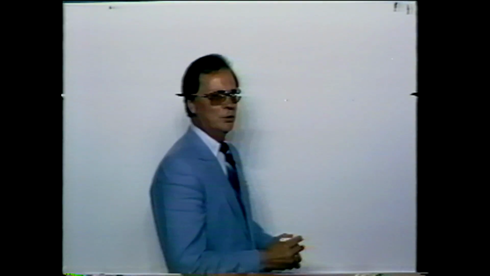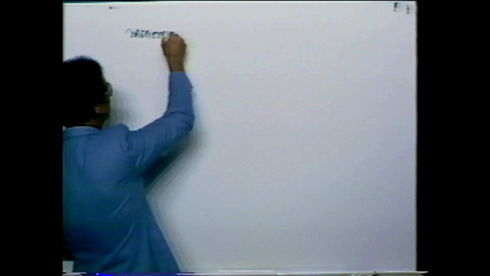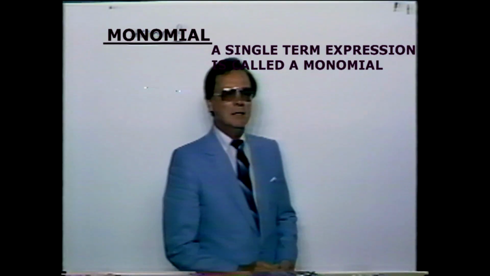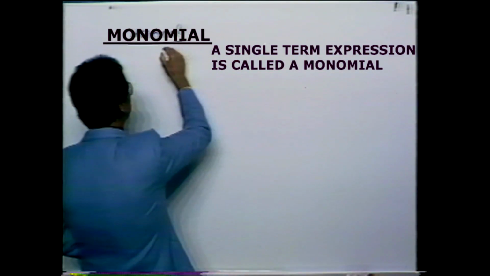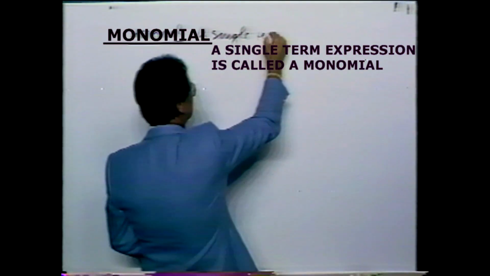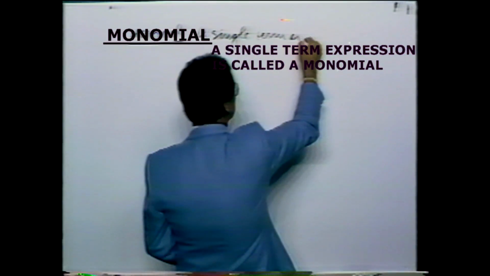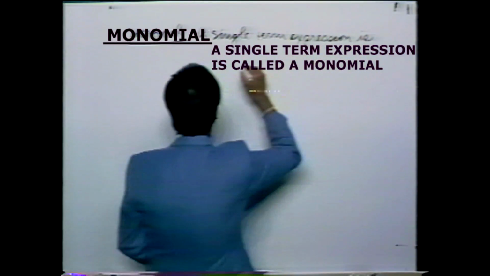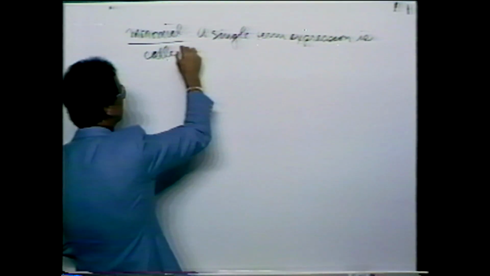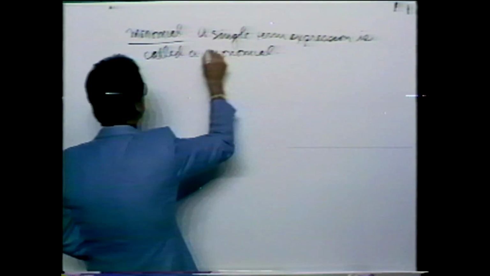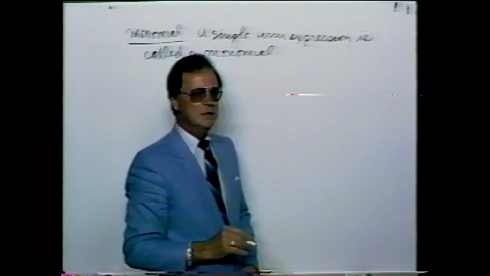The next word is monomial. A single term expression is called a monomial. The next word is binomial.